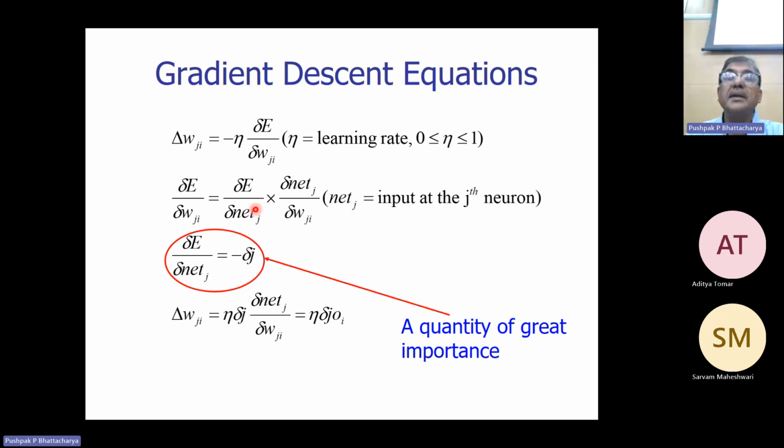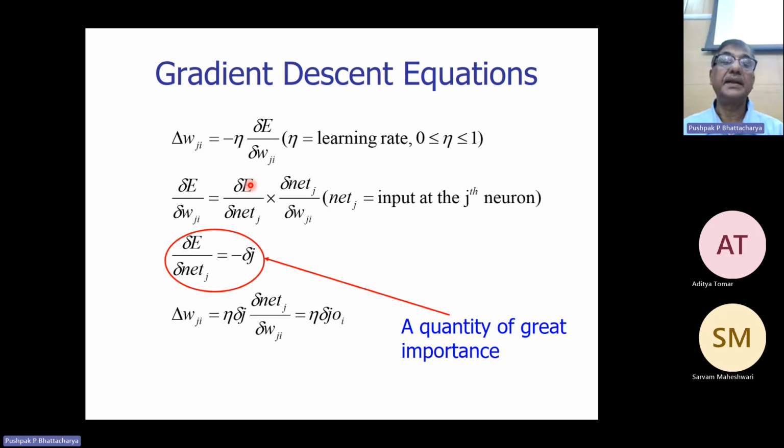This quantity plays a very critical role in deep learning. Its description is the rate of change of loss with respect to the net input to any neuron, in particular the neuron whose connection weight change we are interested in finding.